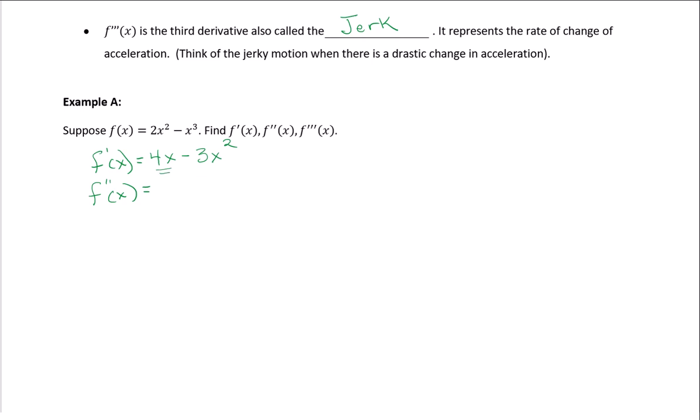The derivative of 4x would be just 4, and the derivative of 3x squared would be a negative 6x. Then the third derivative, if we take derivative of a constant, that's 0. The derivative of a linear term would just be the coefficient of negative 6, which would just be negative 6.